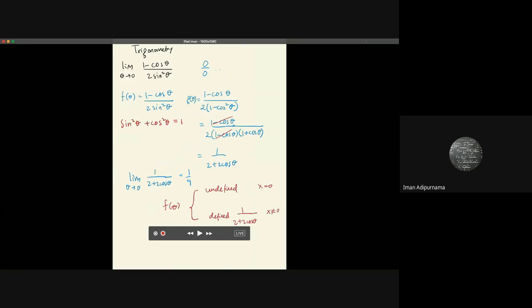My suggestion is to try to remember the trigonometric identities, especially sine 2 theta. What is sine 2 theta? 2 sine cos, right? Okay.